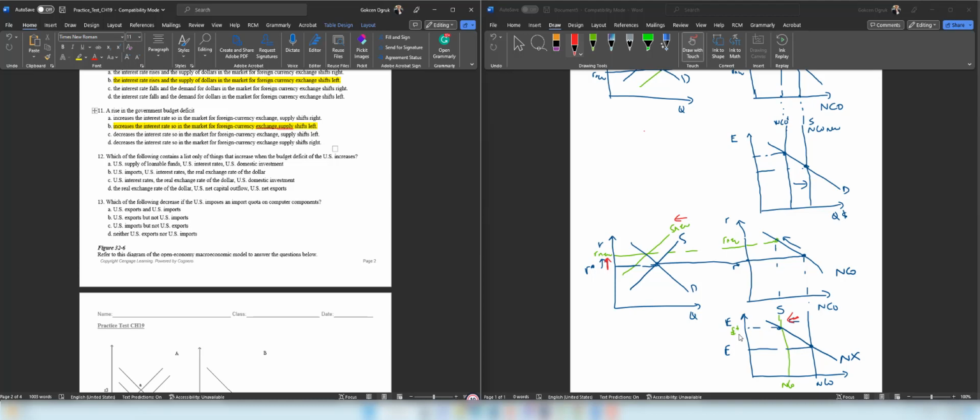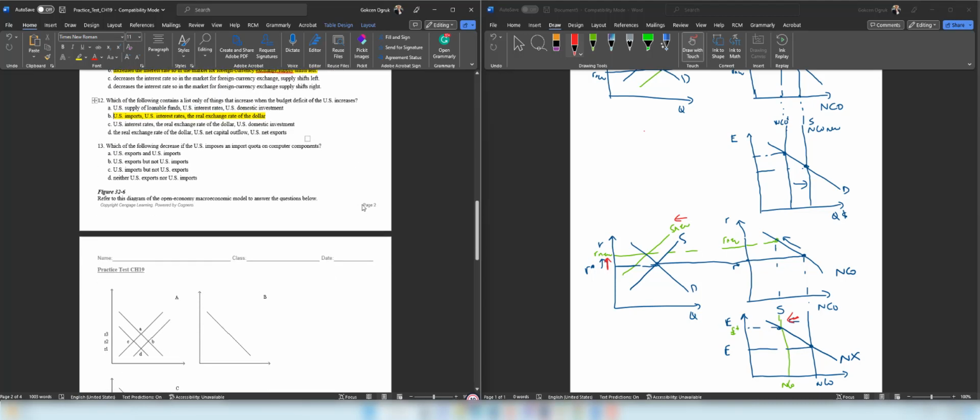Therefore, we know that the real exchange rate of the dollar increases. When the exchange rate appreciates, imports are rising because the dollar you carry has more value and the imported products become cheaper. The right answer is B. US imports, real interest rate and real exchange rate increase when there is a government budget deficit.